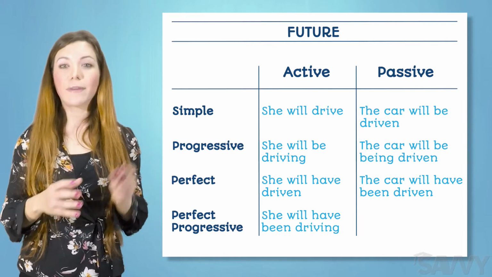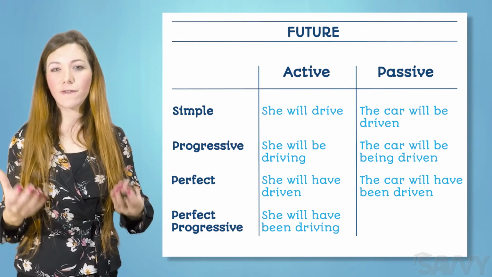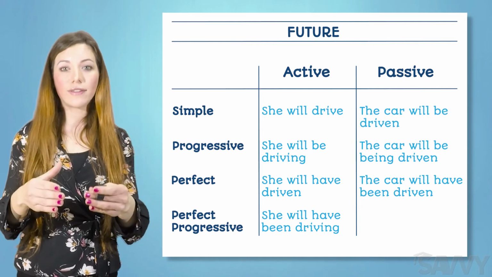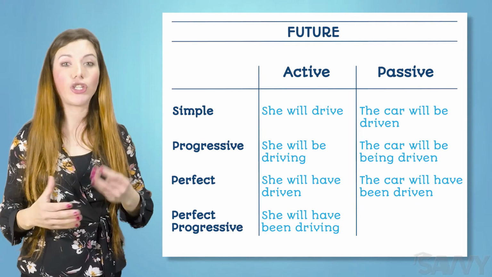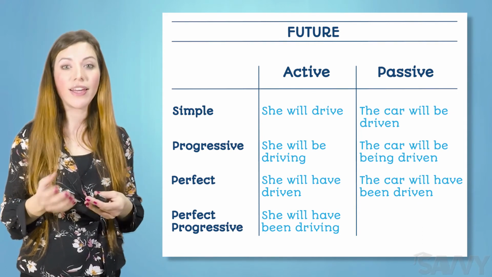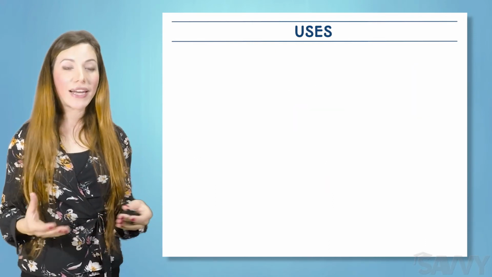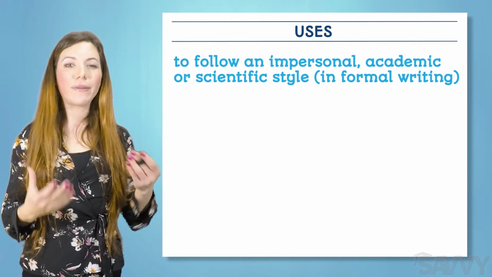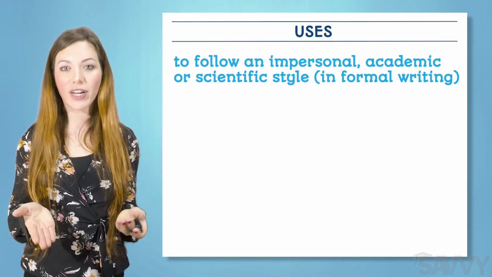So as we can see, the passive and the active voices present two different windows onto the same event, but they are not the same in their meanings. Usually we use the passive because we have a reason to do so, and we're going to look at some of these uses. We can use the passive when we want to follow an impersonal or academic style, usually in formal writing.